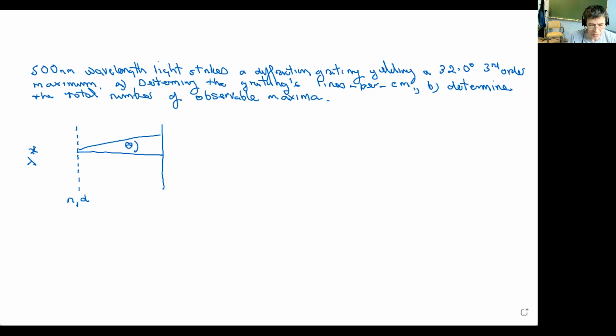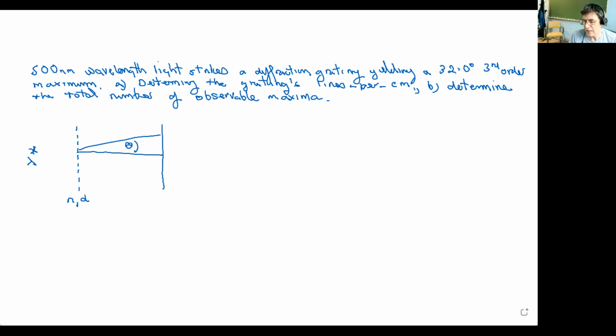In this particular question, we're told that we are shining visible light, 500 nanometer wavelength light, on a diffraction grating, and we observe the third order maximum of the diffraction grating pattern at an angle of 32 degrees.